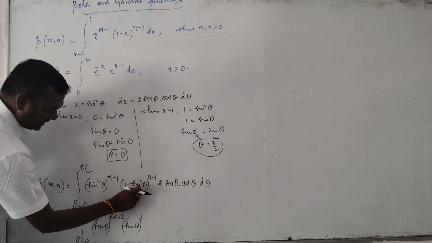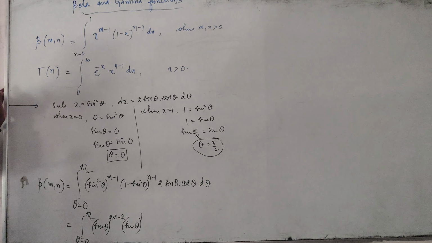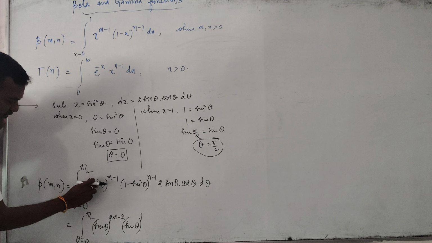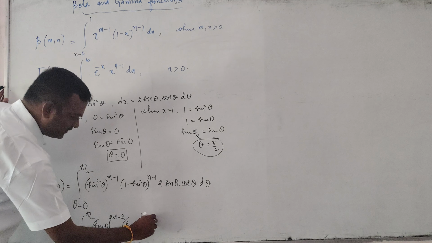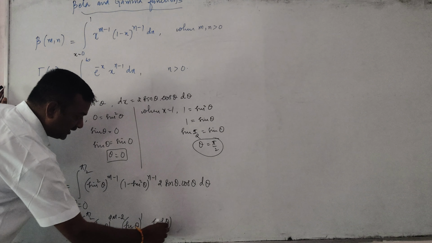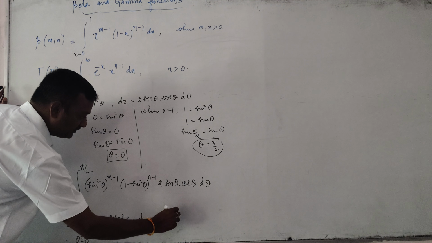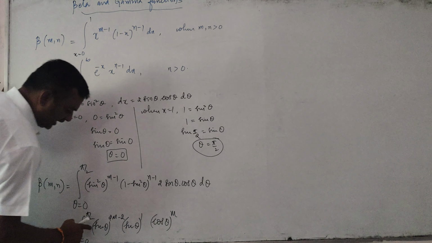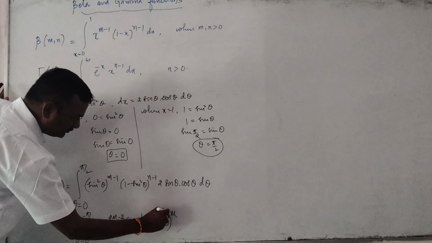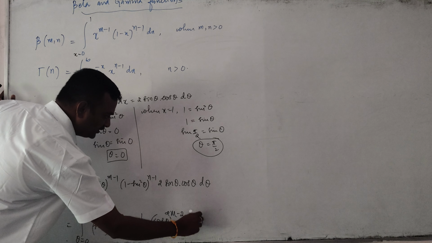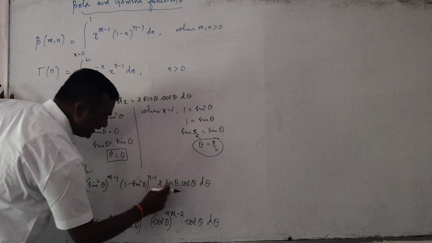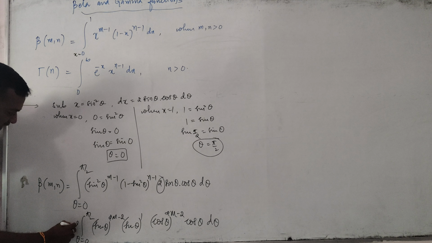Similarly, what is 1 minus sin square theta? Cos square theta. Cos square theta, again by multiplying n minus 1, becomes (cos theta) whole raised to 2n minus 2. Again one more cos theta here you have, into d theta. There is a constant 2 to take outside.